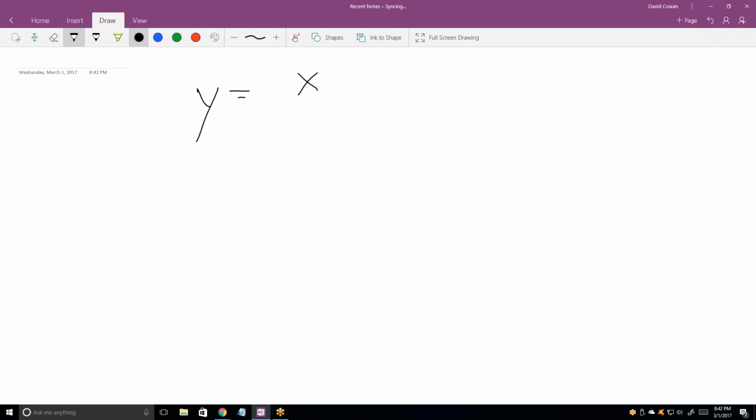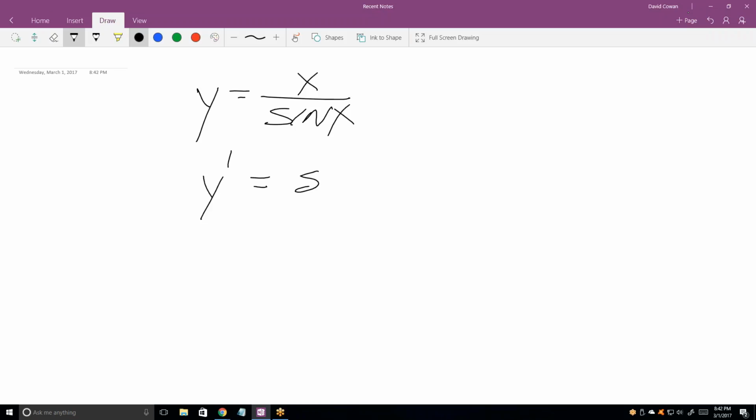Let's do x divided by sine x. So what's y prime equal to? So, cosine x. Start with the bottom, not the derivative of the bottom. Start with the bottom.